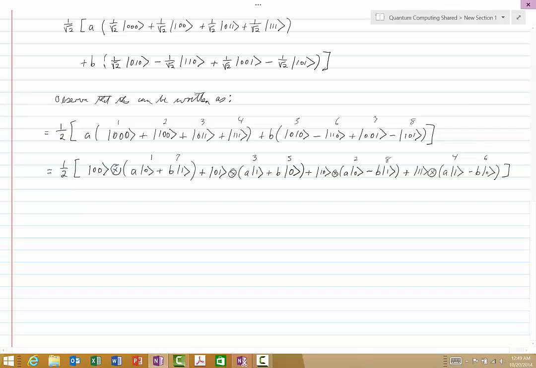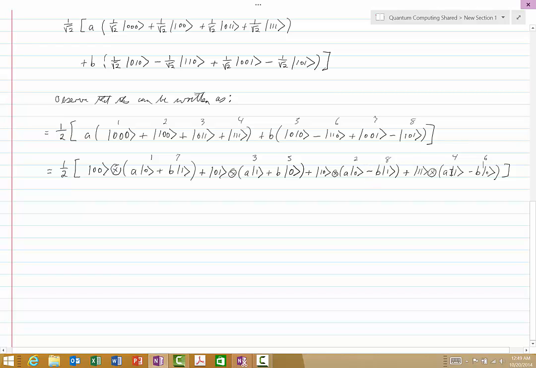And now we see that if Alice, now again remember that Alice is controlling only the first 2 qubits, she can make a measurement with the standard basis, in other words with the basis |00⟩, |01⟩, |10⟩, and |11⟩, and she will get one of these parenthetical terms for sure.